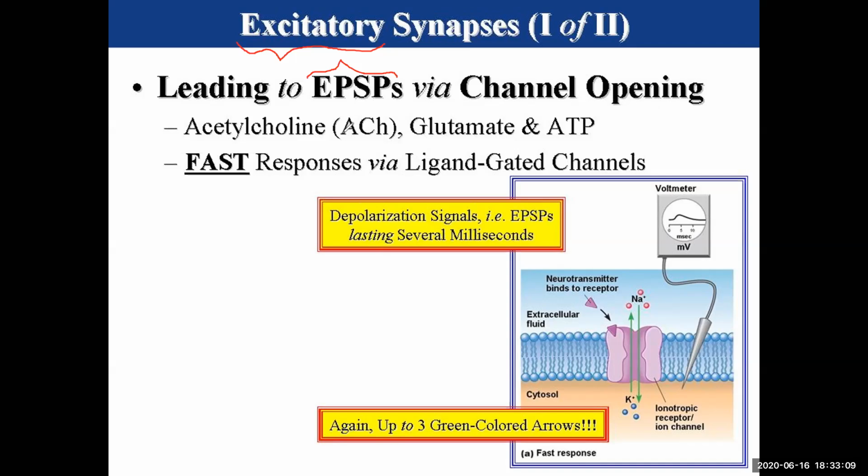So these neurotransmitters, there's one missing. I'm going to add the fourth one. So acetylcholine, ACH, glutamate, ATP, and the fourth one, serotonin.